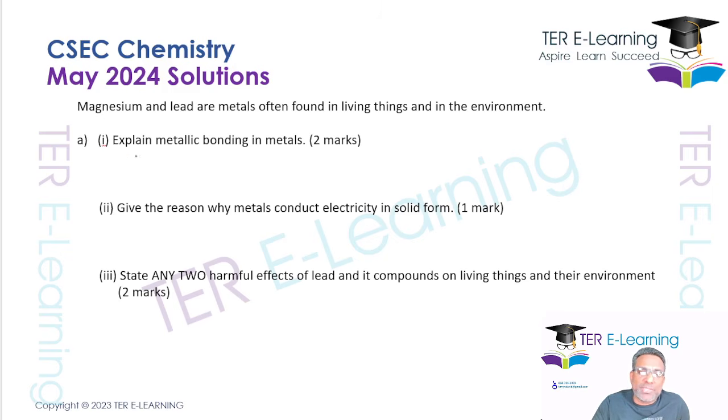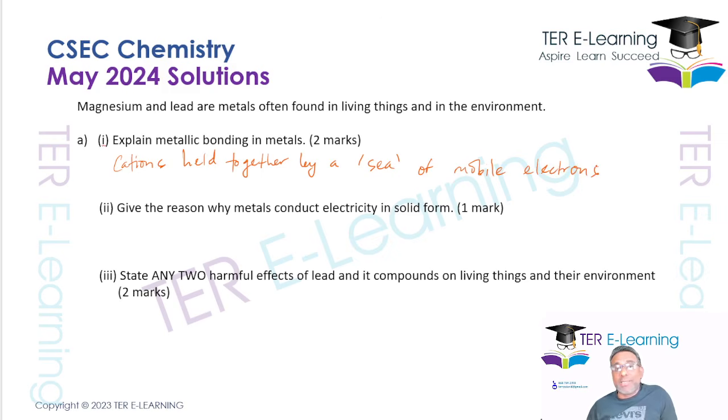So positive metal ions, or you can say cations, right, held together by a sea of mobile electrons. Right? So that's what metallic bonding is basically, right?